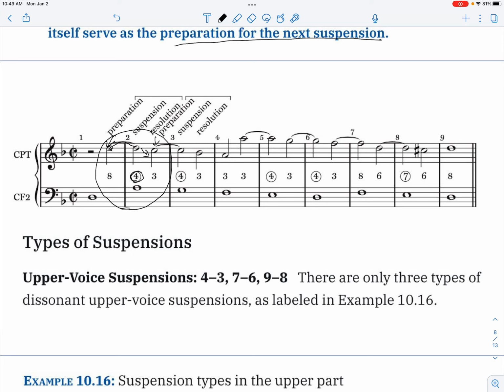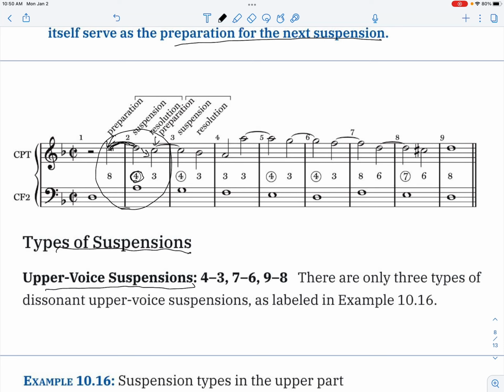Of course, towards the later part of history, like the 18th and 19th centuries, sometimes we don't hold over. We simply re-articulate. It gets freer towards the newer part of history. The type of suspension is purely marked by the interval.